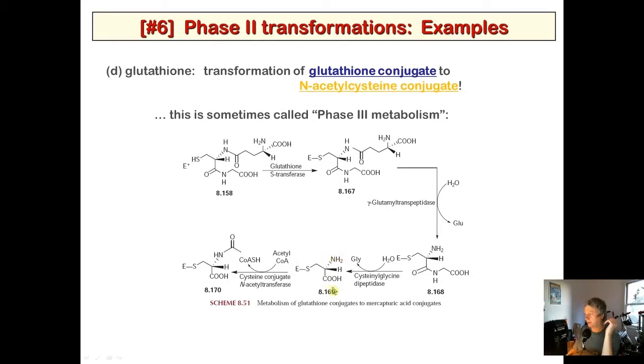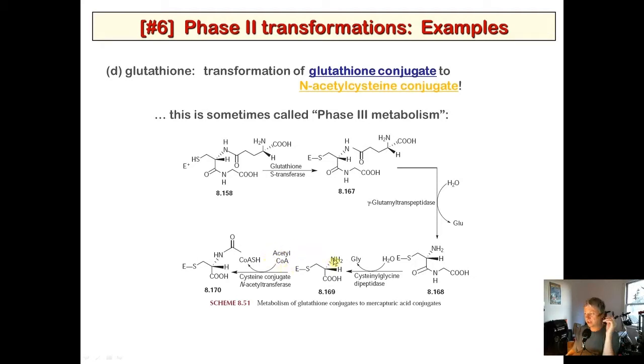And then this cysteine conjugate can be acetylated using acetyl-CoA, which, remember, acetyl is the 2-carbon piece, and then CoA is the biological leaving group. So essentially it's like acetyl chloride or acetic anhydride, but a biological version.